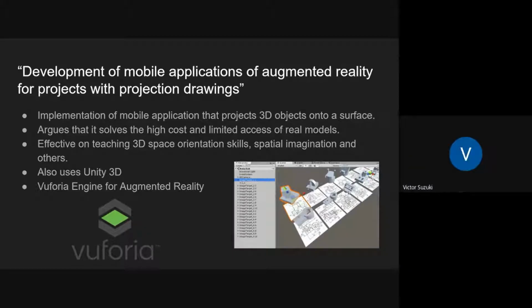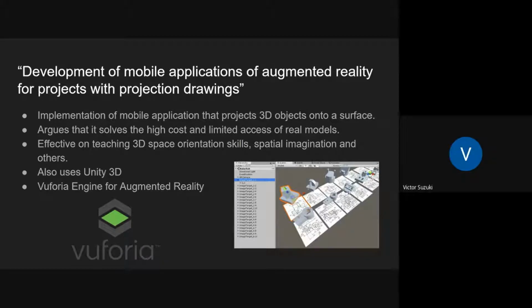One of the papers that we took inspiration from was the development of mobile applications of augmented reality for a project with projection drawings, made by a group from Ukraine. This paper mainly talked about how real models sometimes have a high cost and limited access, and that their application solves that issue while also teaching users 3D space orientation skills, spatial imagination, and many others.